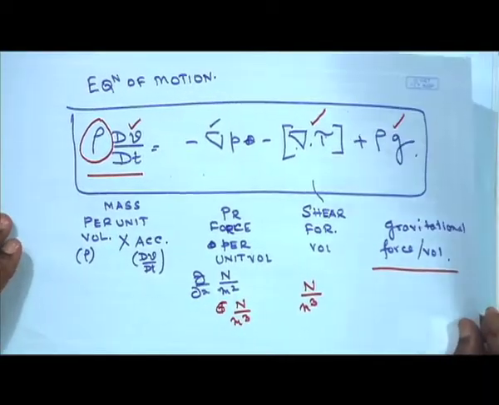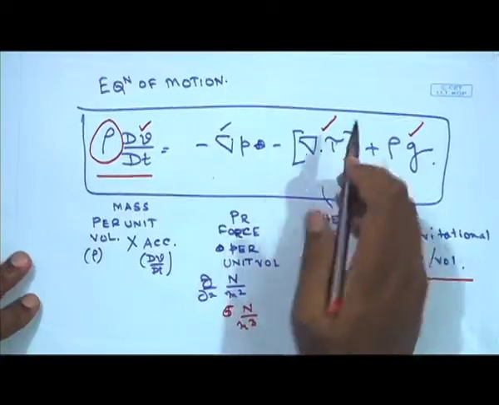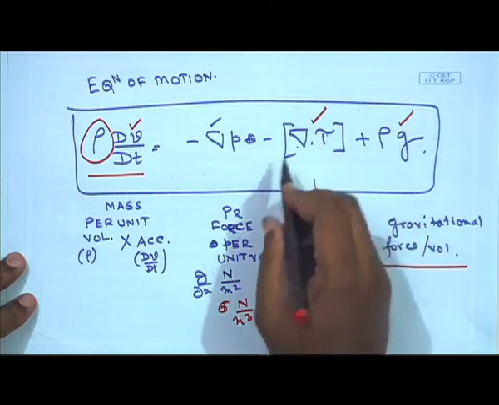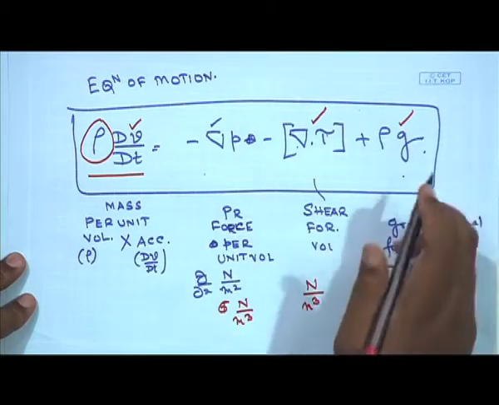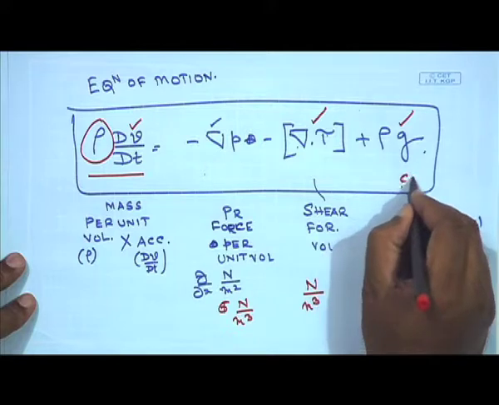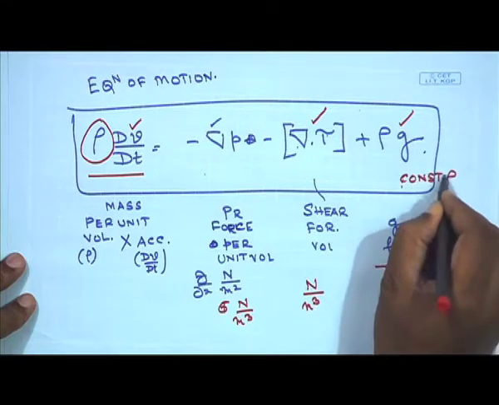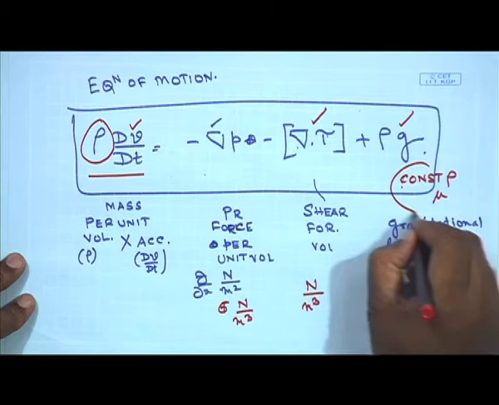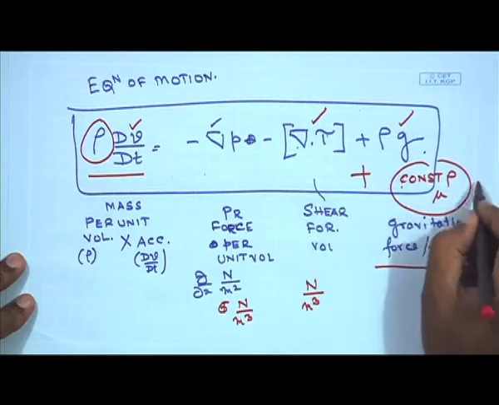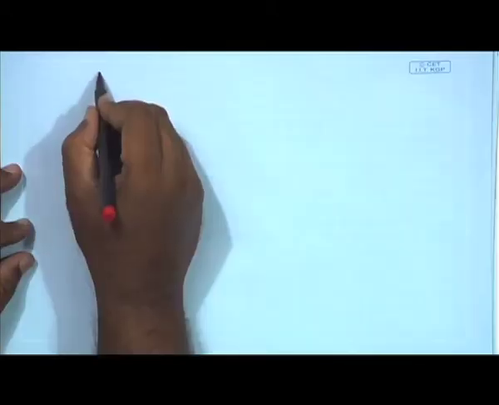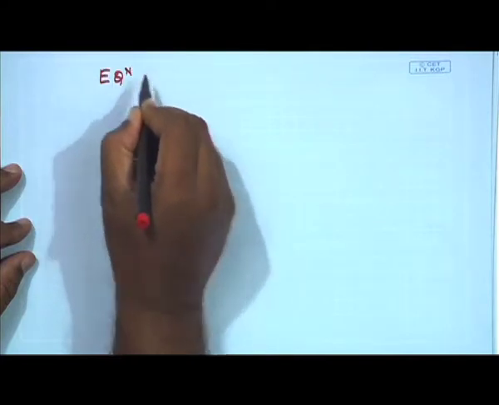So, if in this equation you introduce the restriction of constant rho and constant mu, what you get is the equation of motion.